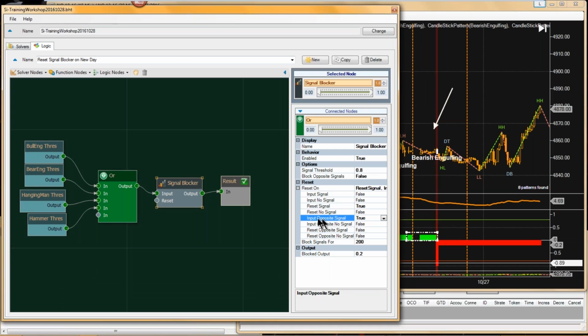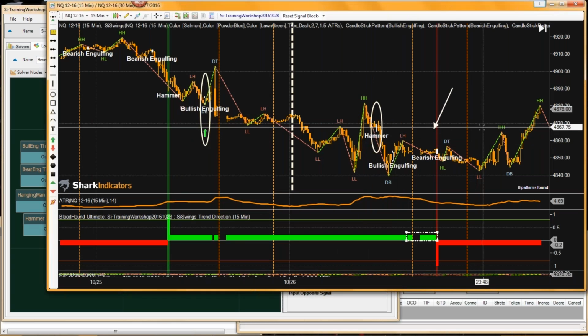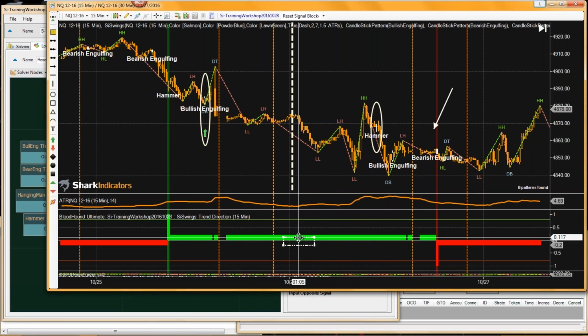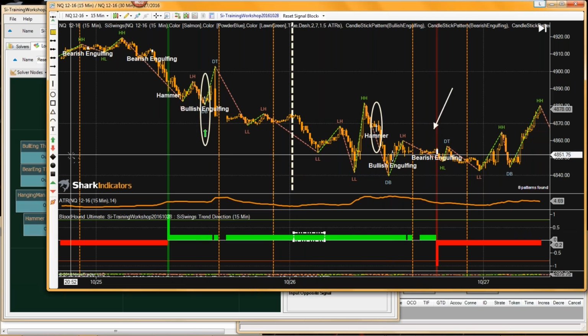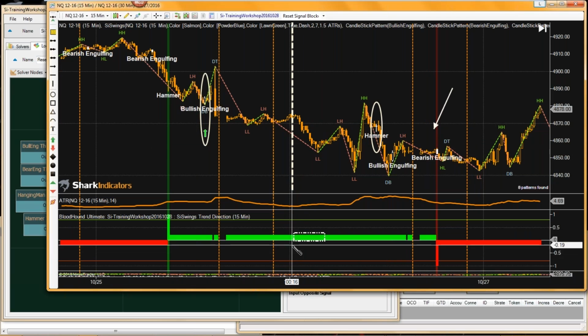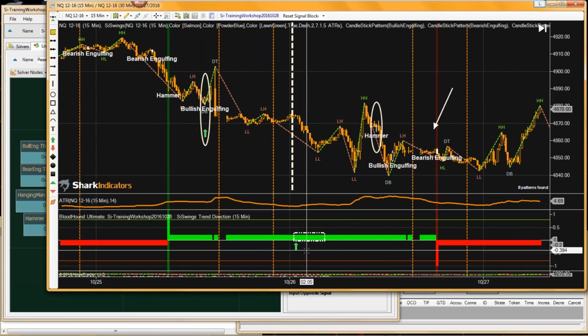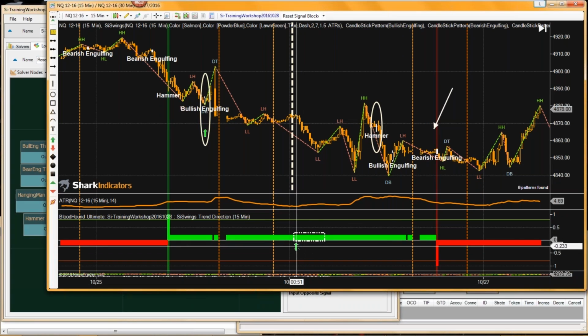And that is due to the input opposite signal. That's what that is doing. But really what we want is we want the signal blocking to stop at the new day.